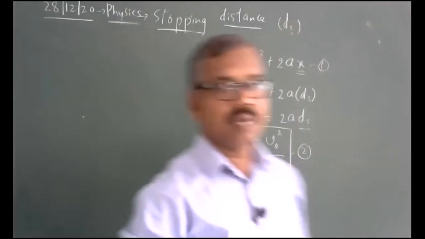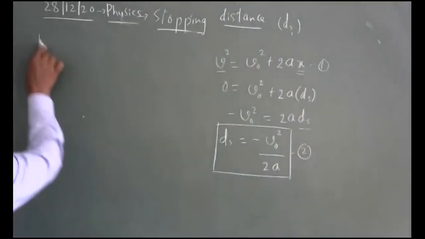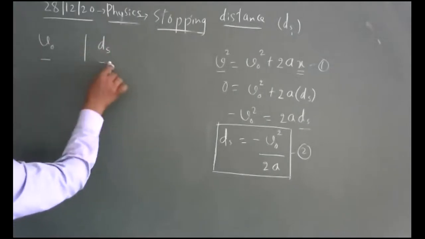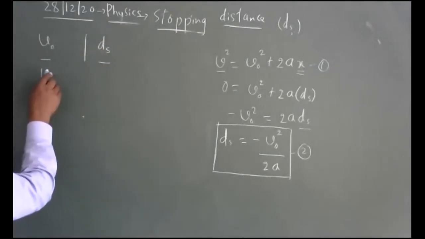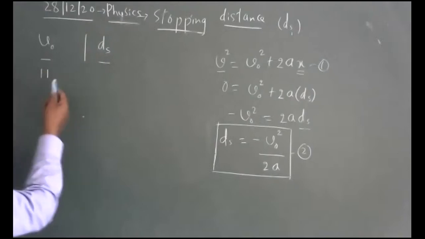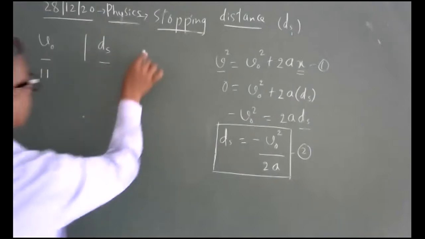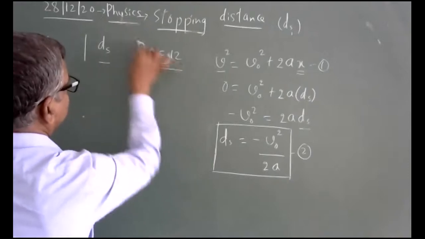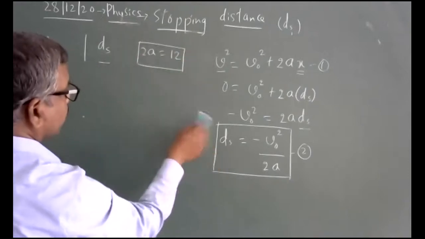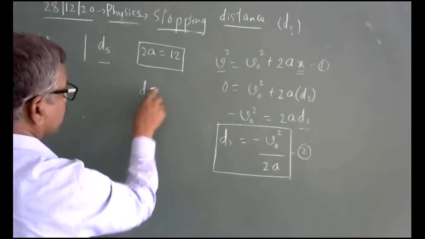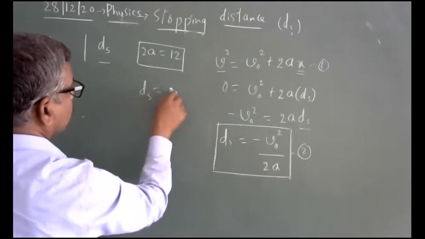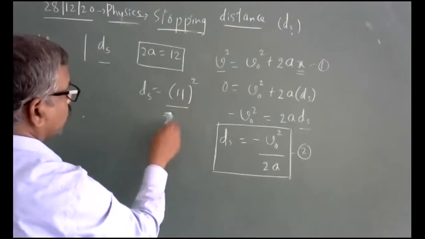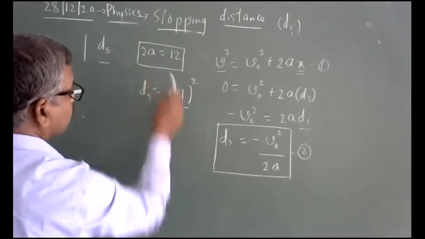If I take a typical initial velocity, like 11 meters per second, what is the stopping distance? And if I take 2A equal to 12, some value, and put it into the mathematics, ds equals 11 whole square in the numerator, and in the denominator 2A is replaced with 12.